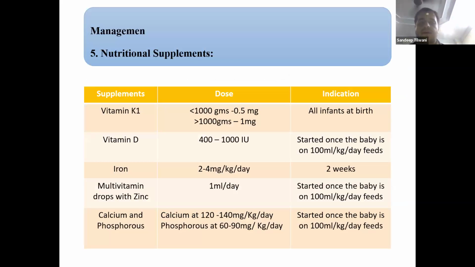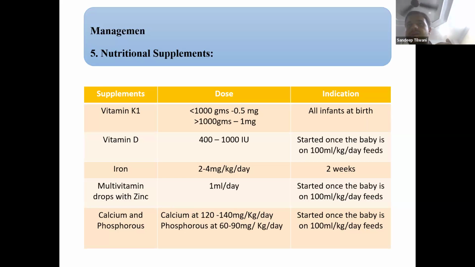Okay, and once you are taking care of the feeding part, these babies are at a nutritional compromise. As I told you, because the baby is born either premature or small for gestational age, whatever nutrients the baby should have got from the mother's body during the last trimester are missed.